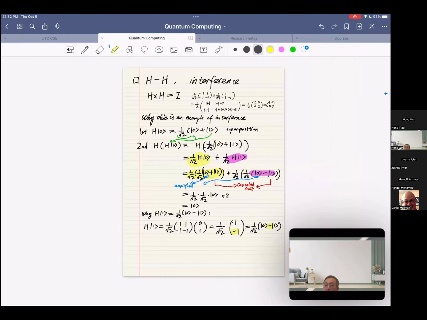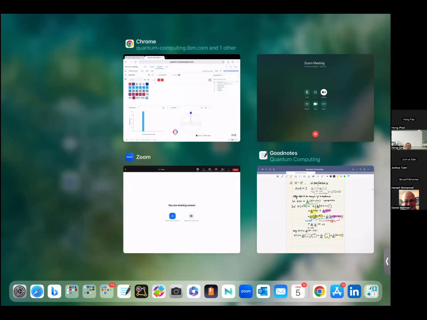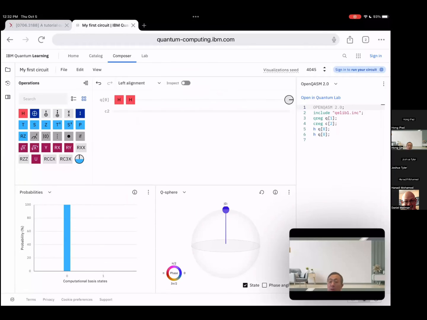So if you Google or do some other reading, you find that 2 consecutive Hadamard gates is one of the simplest examples of quantum interference. So there, this is why. And we can go back to the IBM quantum composer to actually see this. If we remove the first gate, remove the second gate, initially it started with the 0.